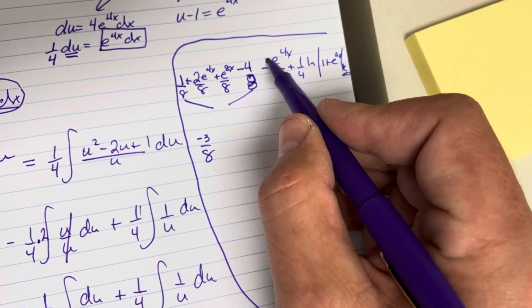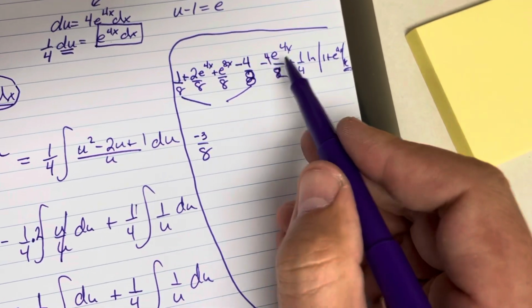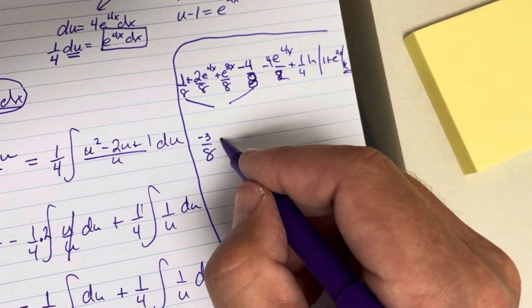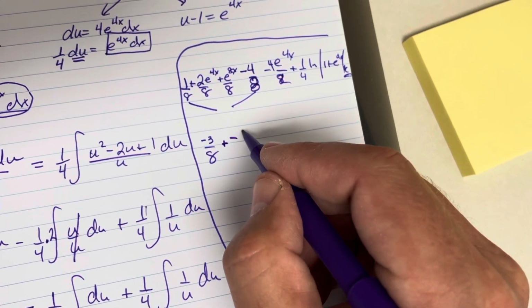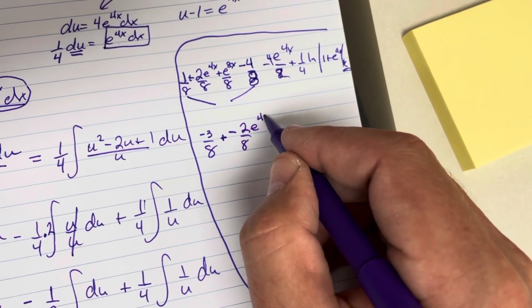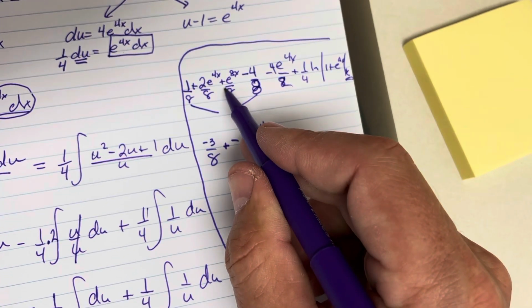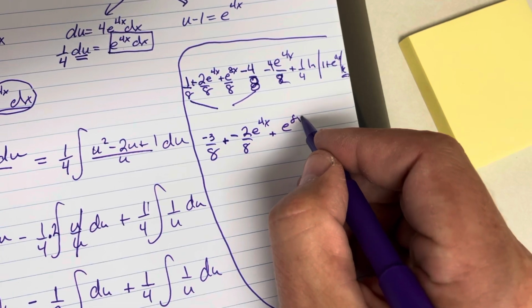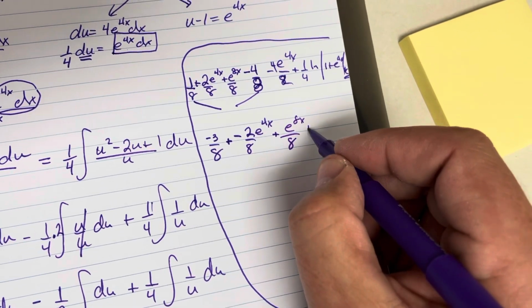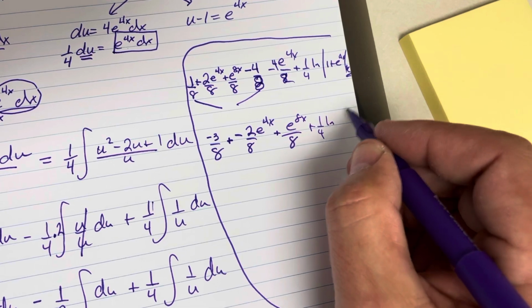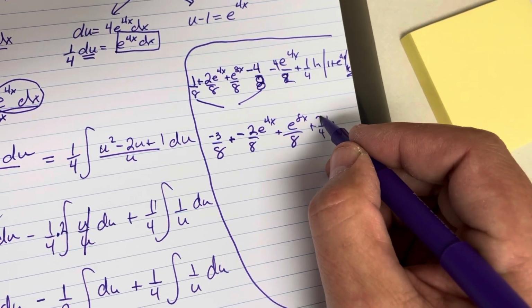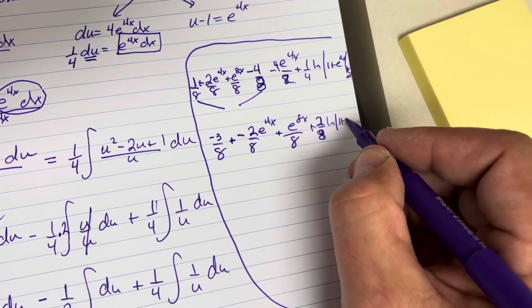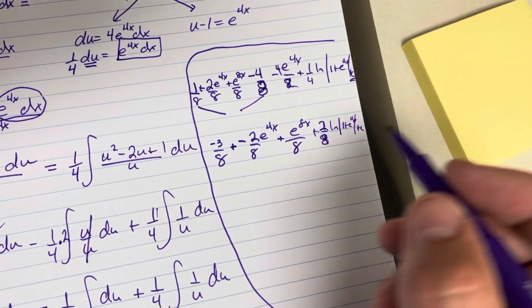So this will be 4/8, so I have a minus 2/8 e to the 4x plus e to the 8x over 8 plus 1/4 ln, or really I could say 2/8 ln 1 plus e to the 4x plus c.